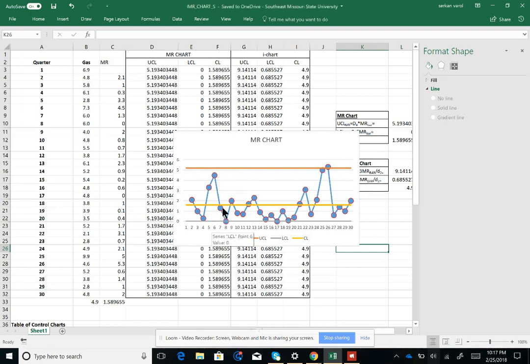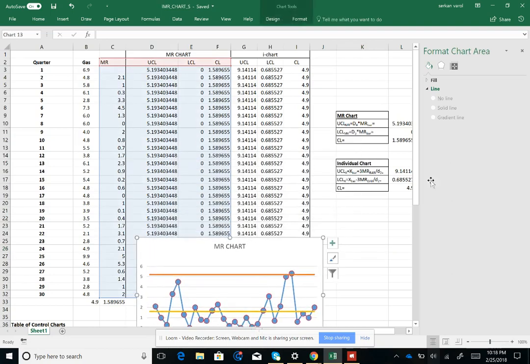So apparently, I have a few points outside of my limits. In fact, when you just scroll over on this orange line, it gives you the upper control limit value, which is 5.19. And this gray line is 0. Okay, so this was our first chart.